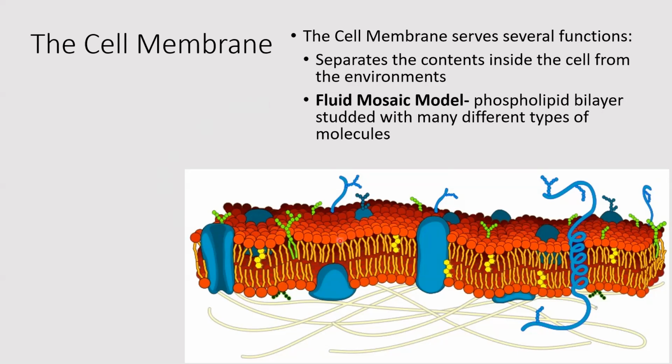The heads are polar. They are composed of a glycerol backbone and a charged phosphate. So these are water-loving, hydrophilic objects. So that's why they tend to put themselves in this configuration.